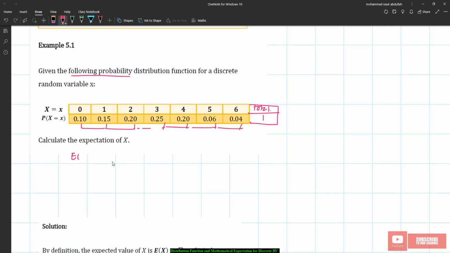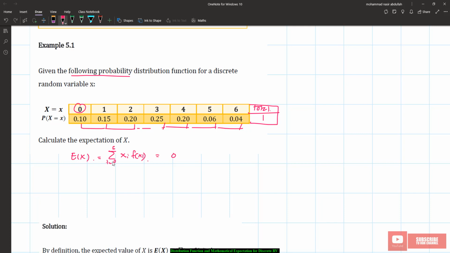To calculate the E(x), which is equal to the mean, we're going to use the summation of x multiplied with f(x), from xi, with i equal to 0, the lowest value, until the maximum value, 6.